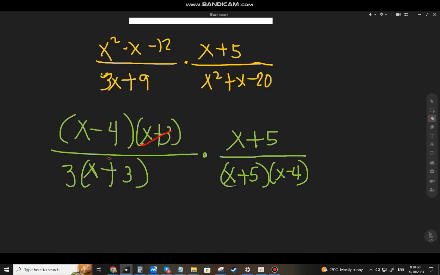So up, down, diagonally, and up, down again. Again, if all of the terms are canceled on the numerator or denominator, there will always be a 1 there, a placeholder 1.